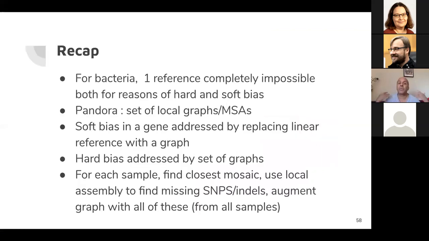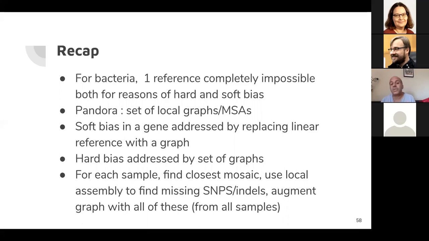And so, okay, what are we halfway through, more or less? What have we done so far? I've claimed that for bacteria, one reference genome is completely impossible. That's a bit dramatic, but it really has a problem with hard bias. Okay, it also has a problem with soft bias. Bacteria can have higher levels of diversity than humans at a per base level as well.